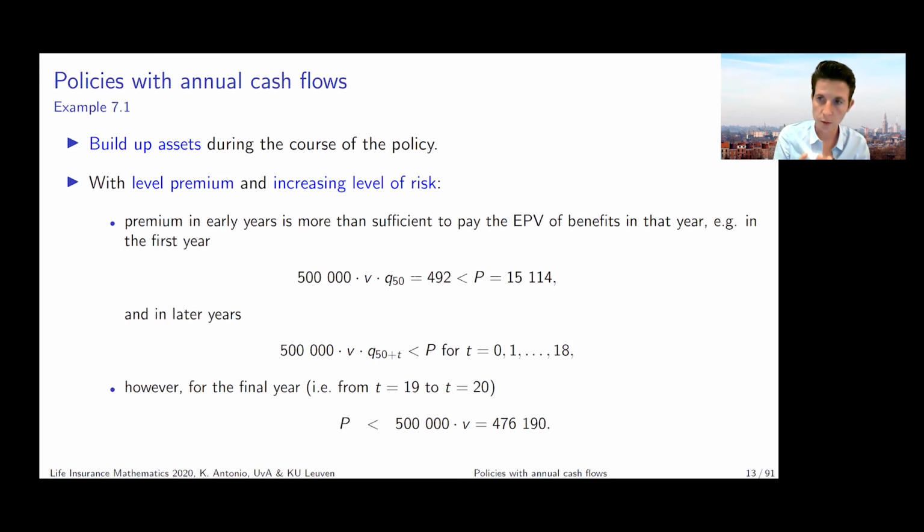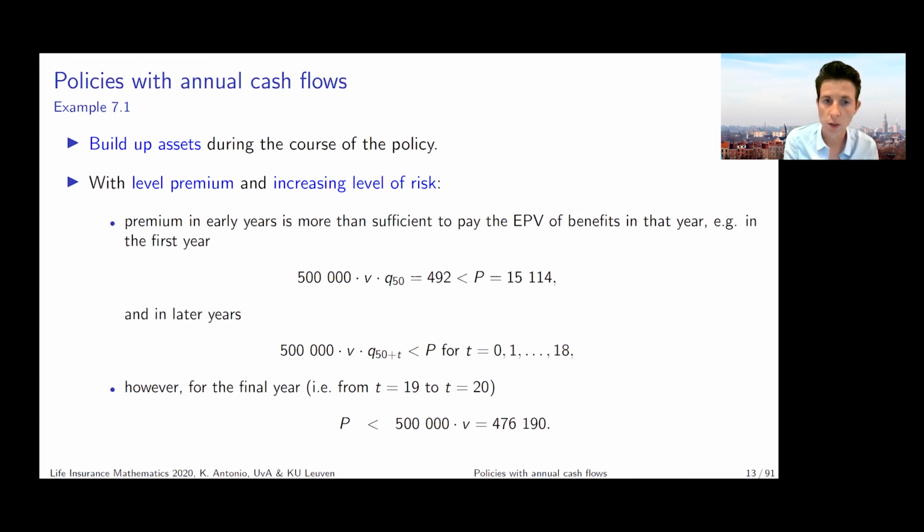So if I value this at time point 19, then I'm facing an EPV worth 500,000 times v, and that is 467,000 something. But the premium P that I'm receiving at time 19 is equal to this 15,000 something. So here we see that my premium is way below the EPV of the cover that I'm offering in the final year of the contract, right?